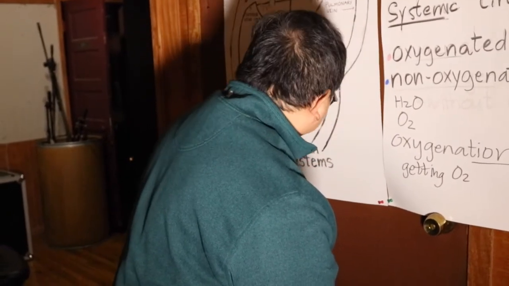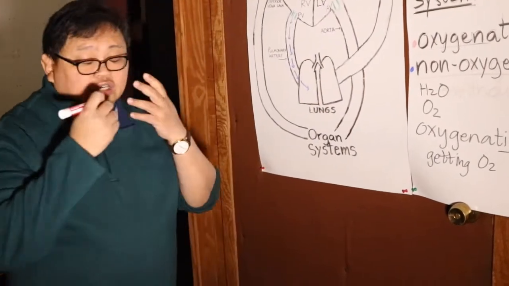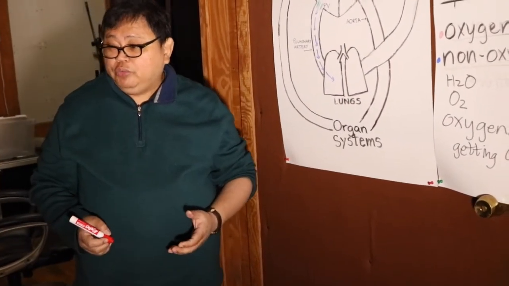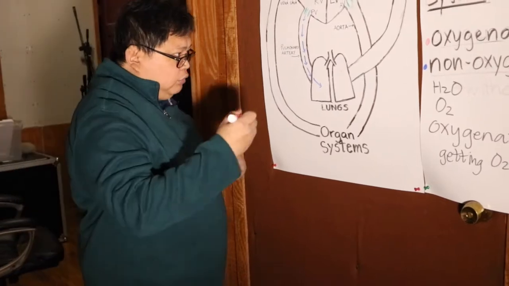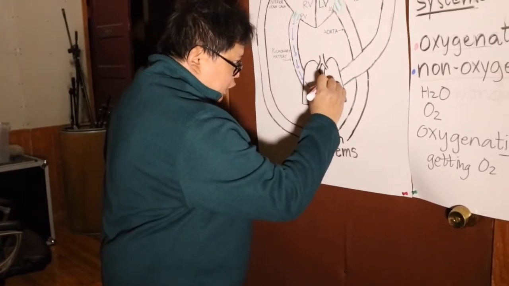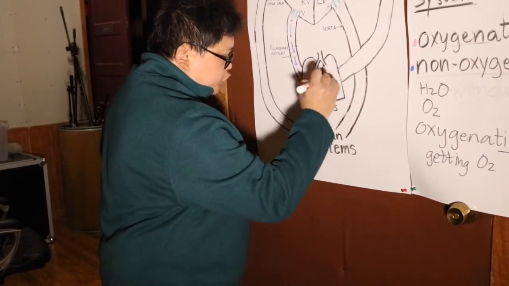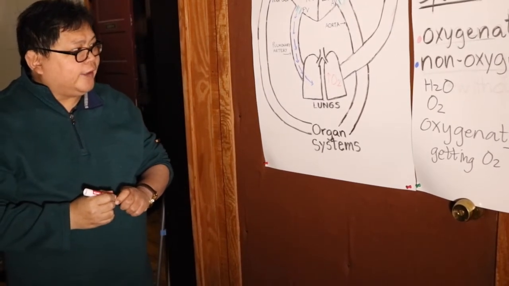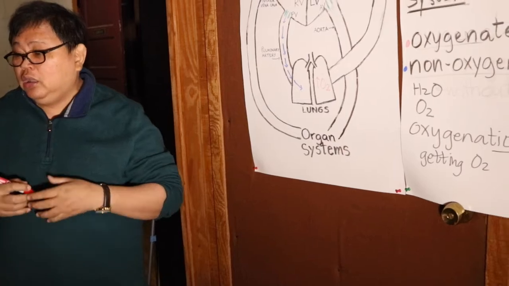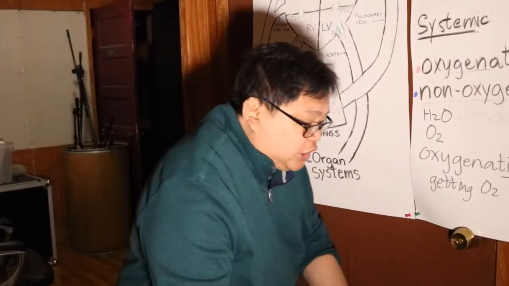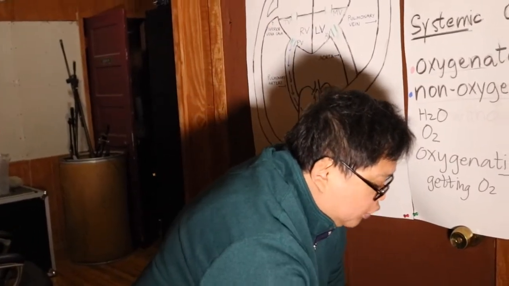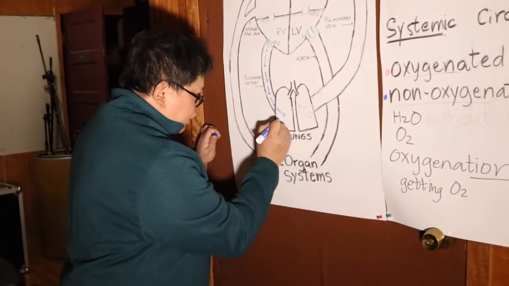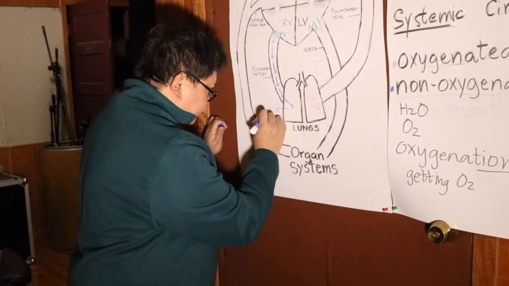We inhale, and when we inhale, we get in oxygen. So now we receive a lot of oxygen. Okay, and then when we exhale, we release carbon dioxide. We let go of carbon dioxide. And as we all know, carbon dioxide is a waste product.